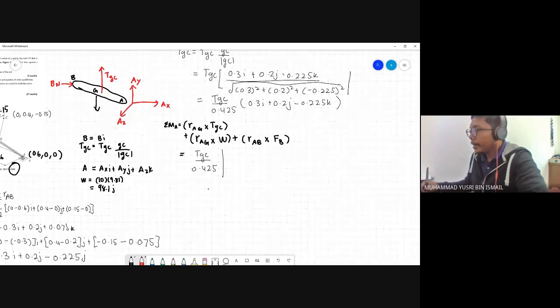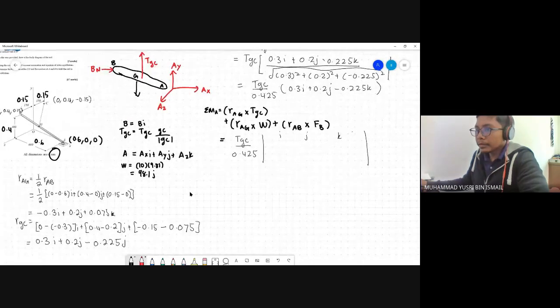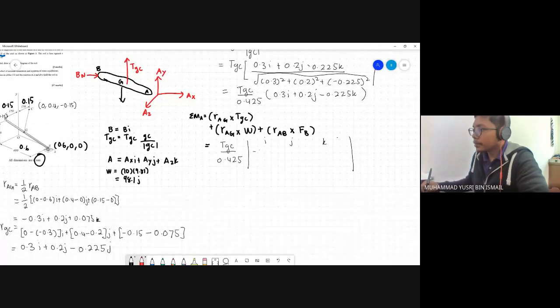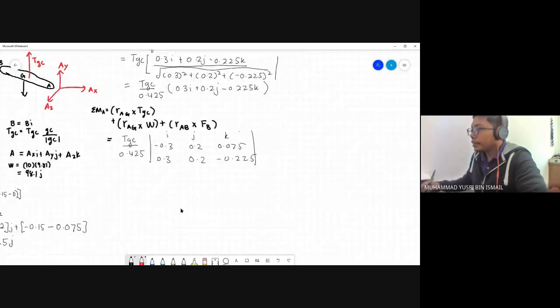Then for this part is I, J, and K. Then RAG 2 and 0.075. Then TGC, okay, 0.3, 0.2, negative 0.225.